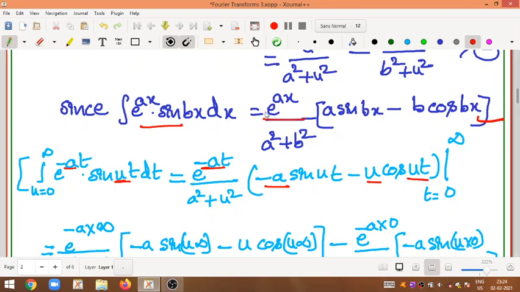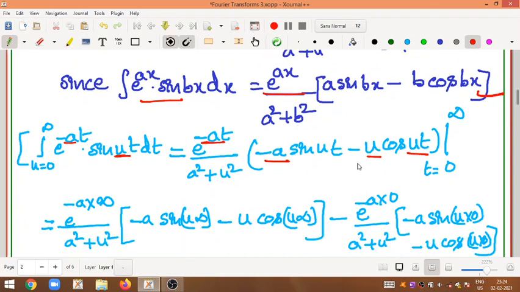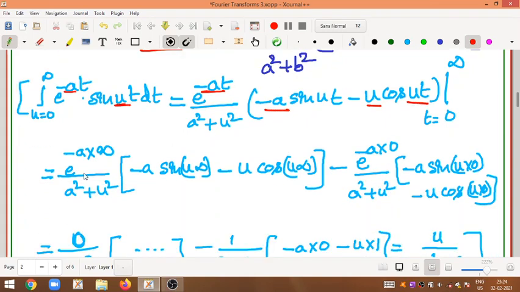So, the interval: from where to where? This one is changing from 0 to infinity. By applying that limit value, we apply the upper limit: e to the power minus a into infinity, by a square plus u square, into minus a into sine of u infinity minus u into cos of u infinity.